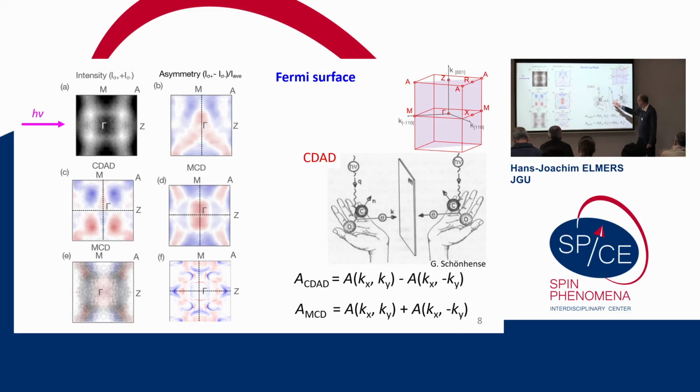If you put a mirror, you get the opposite chirality. In our case, the mirror plane is given by the incoming photon beam and the surface normal, and that's why our mirror plane is along this gamma z line. We expect an anti-symmetric behavior from up to down, and we can decompose the experimental result into the CDAD and the symmetric MCD effect, as you can see here.